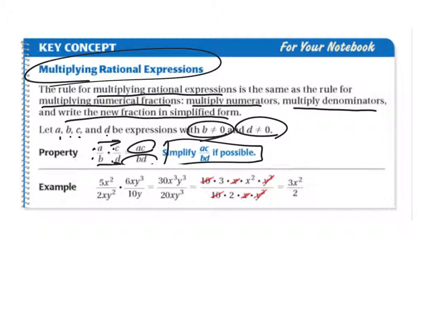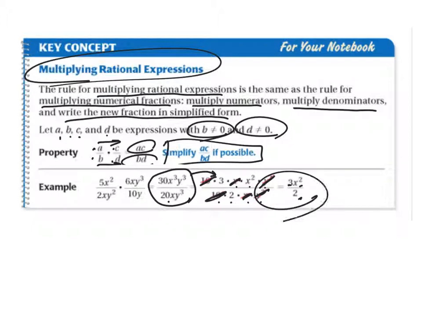Now we have to simplify if possible. I have this right here. Okay, factor it. 10 times 3, x squared, y cubed. Okay, 20 is 10 times 2, x, y cubed. So cancel out the things that are common and write down what's left over. So I have a 3x squared and a 2, and that's my answer.